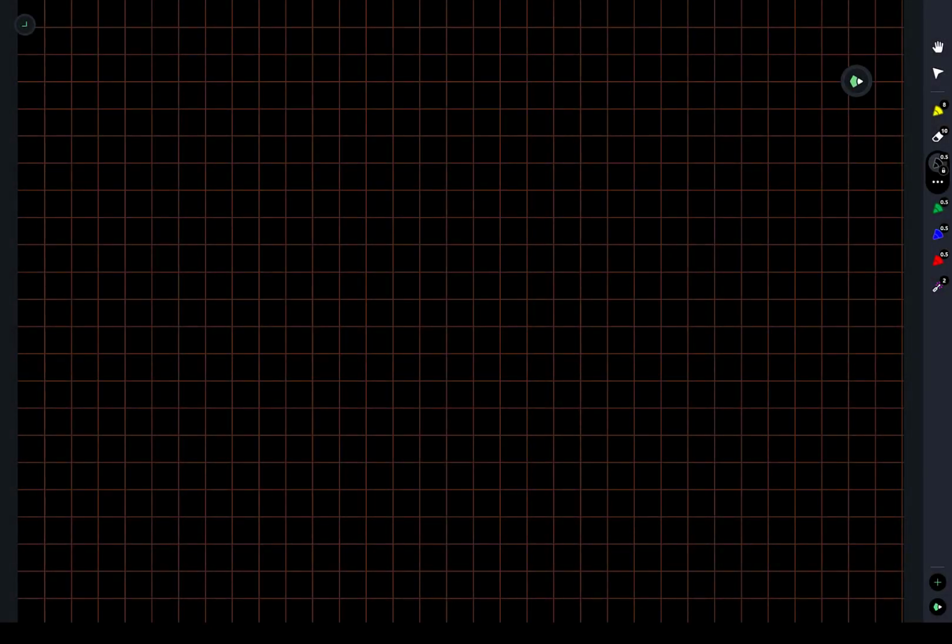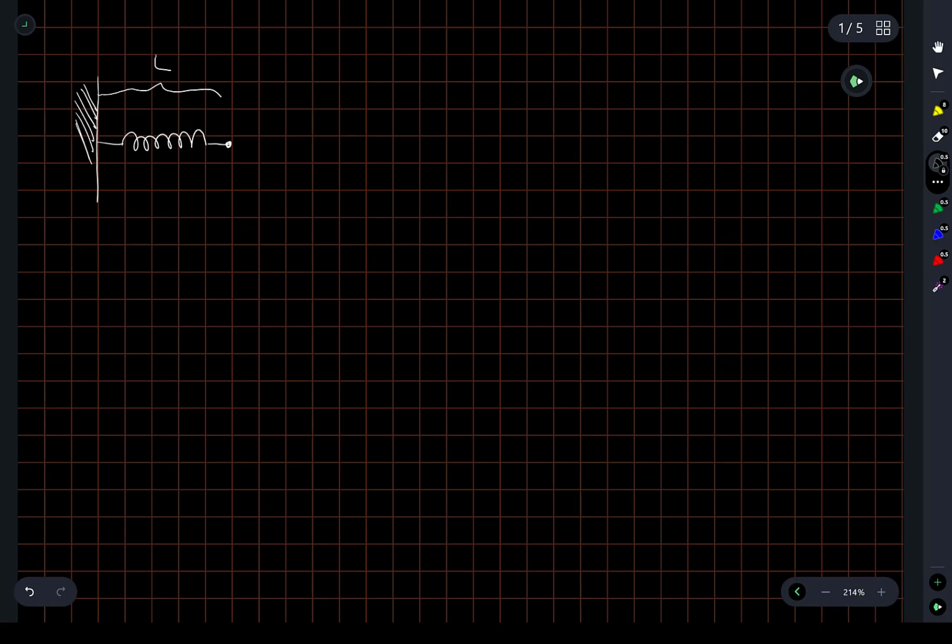Okay, so I'm going to draw a diagram first of all of what's going on here. So this is my spring. It has a natural length of what I will call L. It's given in the problem as being 20 centimeters.